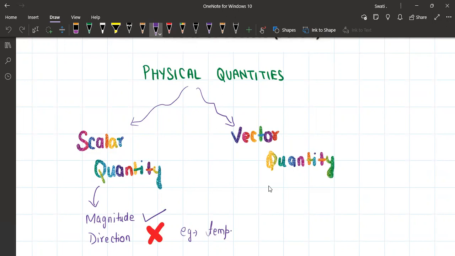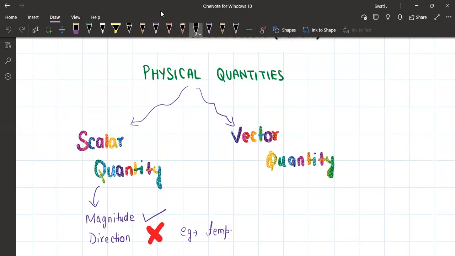We never say 42 degrees Celsius towards north, 19 degrees Celsius towards south. We never say temperature like this. That is why it is categorized as scalar quantity. So scalar quantity is very clear: those quantities which have only magnitude but no direction, unlike vector quantities.